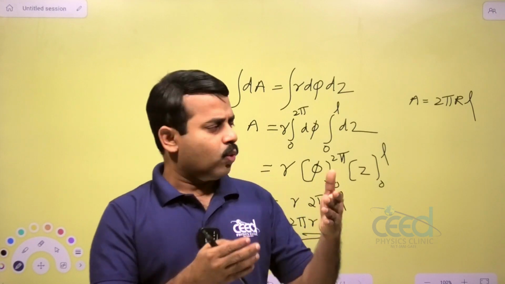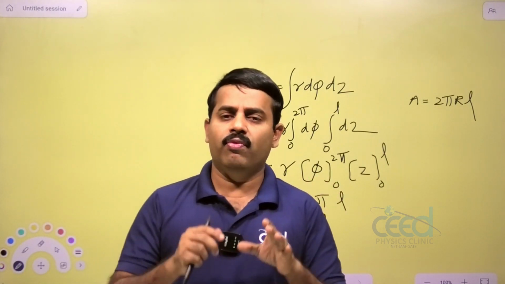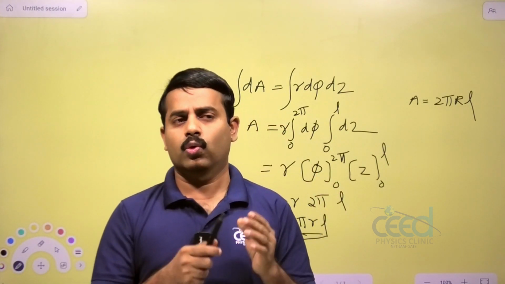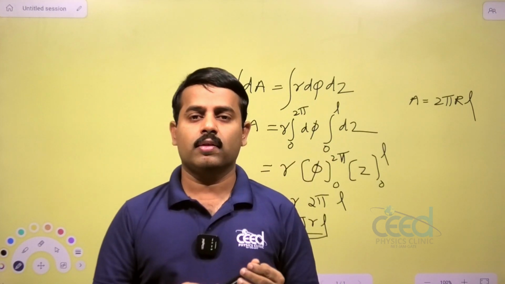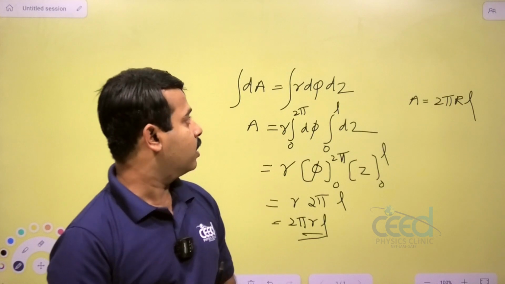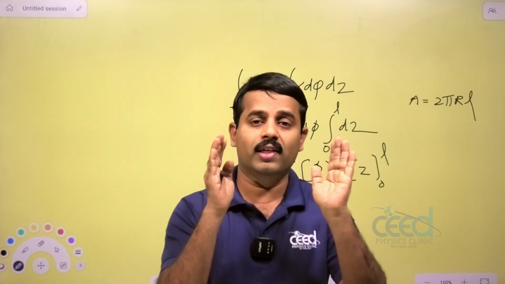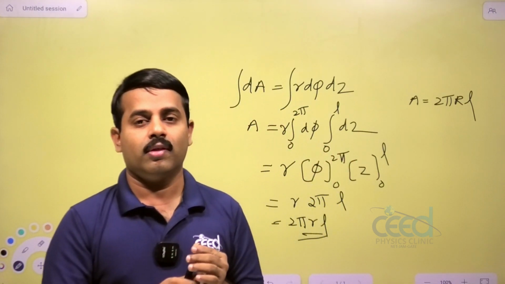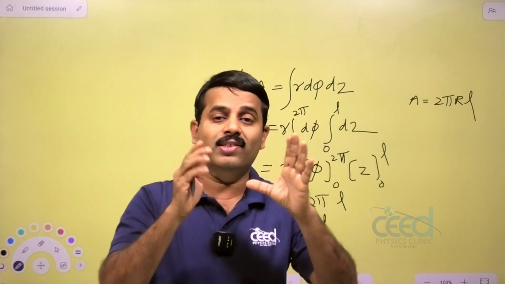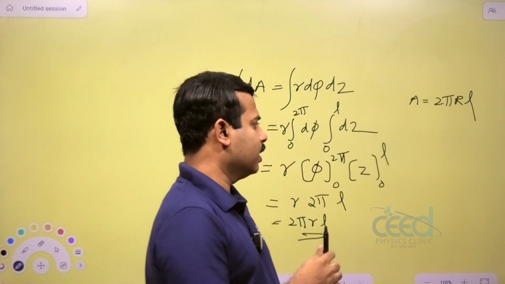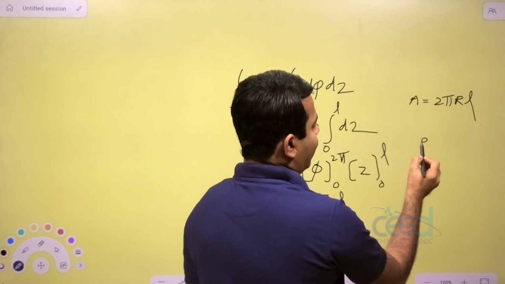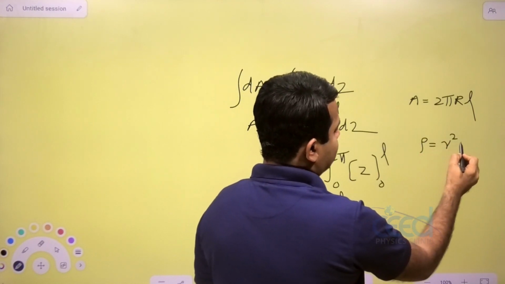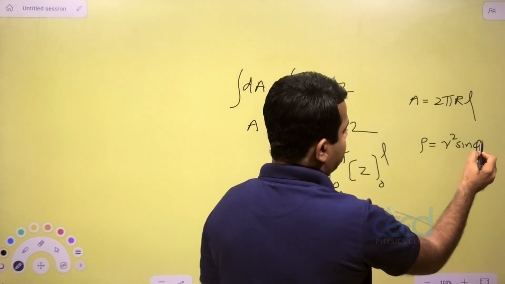Now where are we using this whole areal element and volume element? In electrodynamics, suppose a charge is distributed inside a cylinder. Then they may give a rho value, some R square sin phi z.